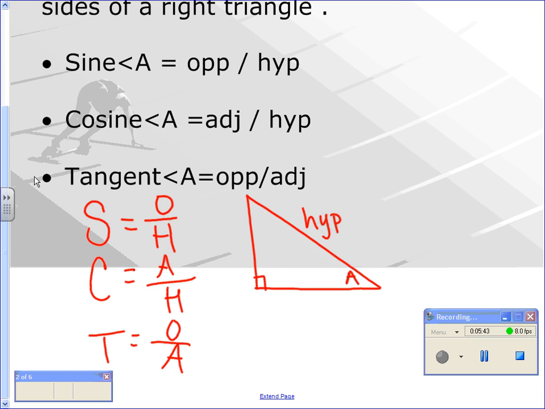Adjacent, next to. Adjoining. No. Which one is adjacent to this angle? The bottom. Adjacent. Hold on, we'll get there. What leg is opposite of the angle? This one, this angle. This other leg. Okay? That's where you get the adjacent, opposite, hypotenuse.